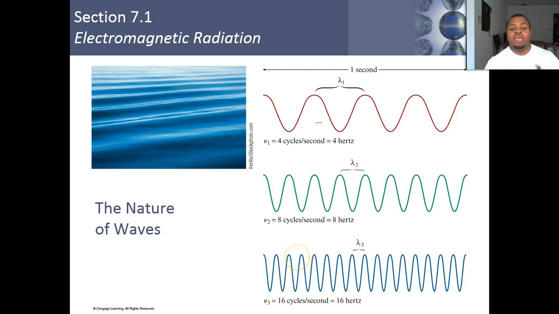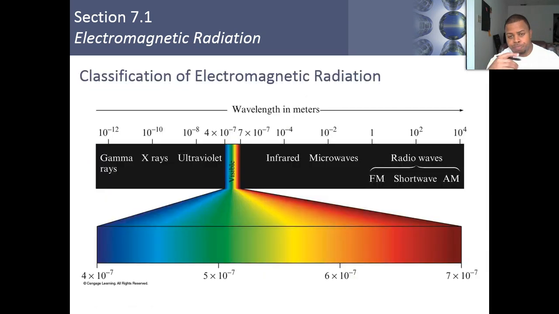Then we make it even smaller and end up with 16 cycles per second, or 16 hertz. Our unit for frequency is hertz. So when we hear gigahertz, megahertz, it's telling us how many cycles of energy are passing that point in a given second.